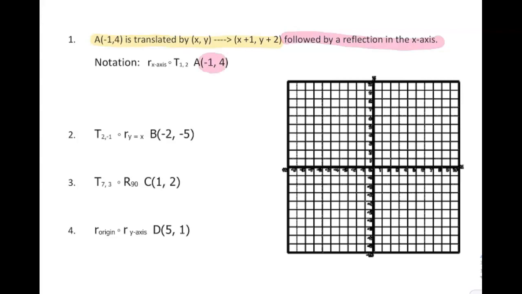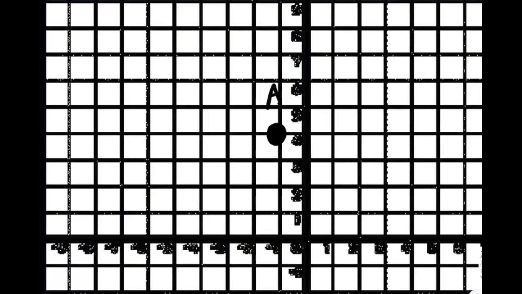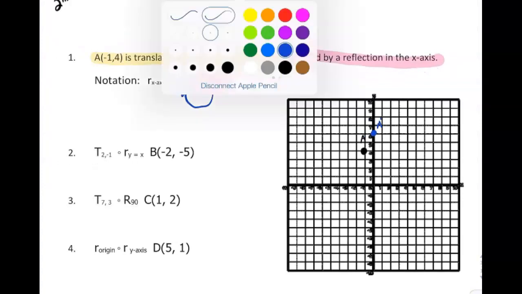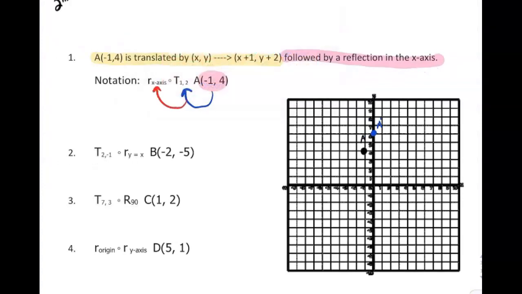So we'll start off by just using points, not really shapes yet. So let's take -1, 4. Should be right here. Right, there's A. And the first thing we're going to do is that. We're going to translate it to the right 1 and up 2. So there would be A prime. Then we're going to take that and reflect it over the x-axis.